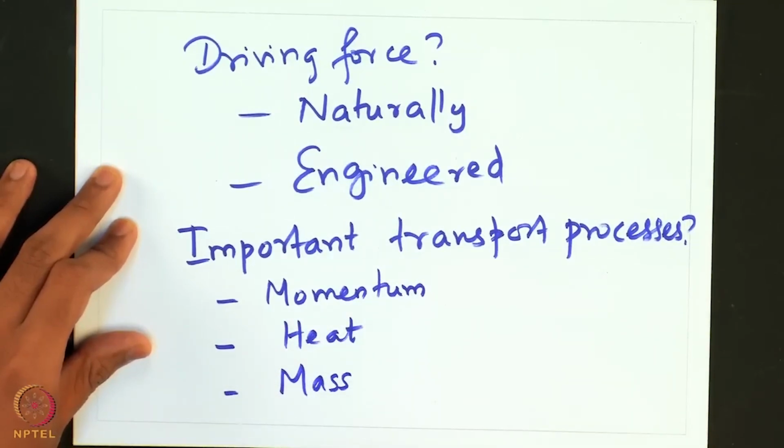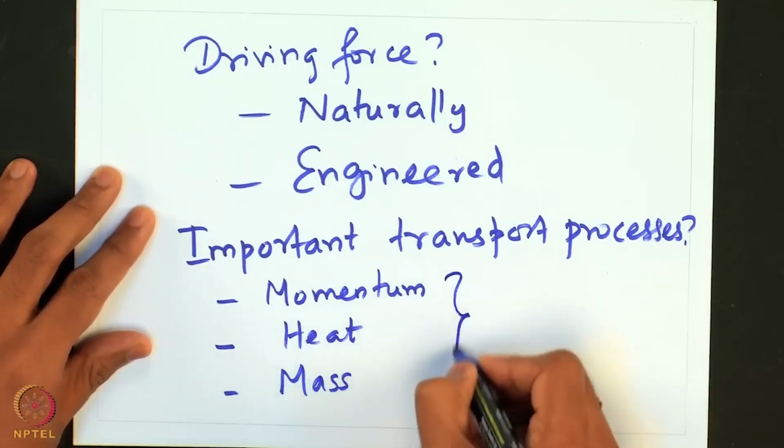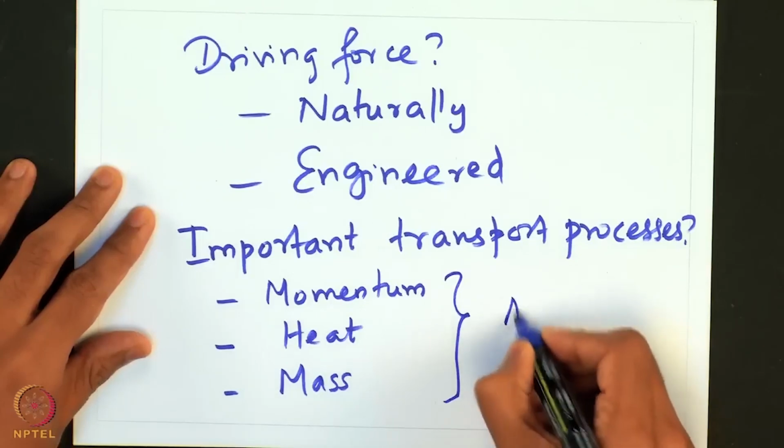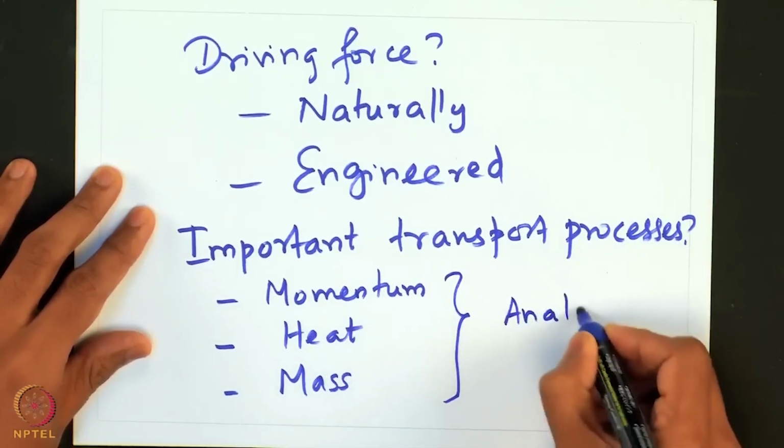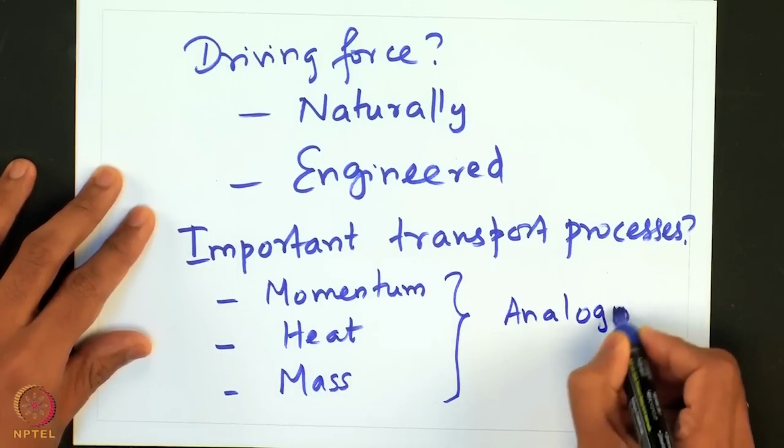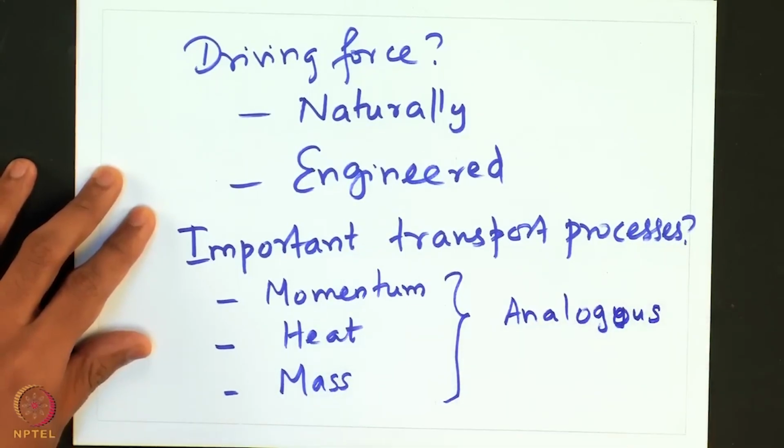Now, these three are similar in nature, and in fact, therefore, they are related and analogous to each other. And so, in this course we will see primarily the heat transfer process. We will focus primarily on heat transfer.